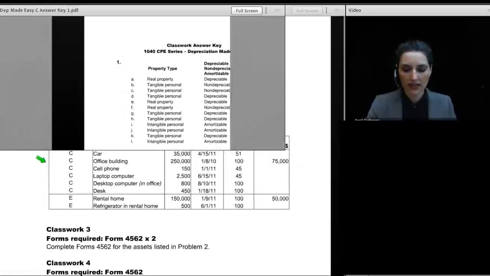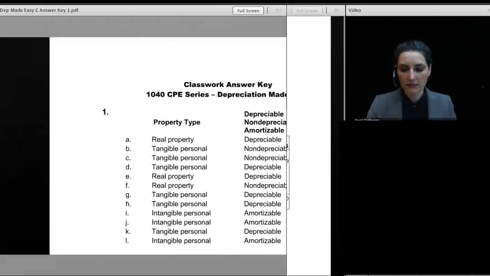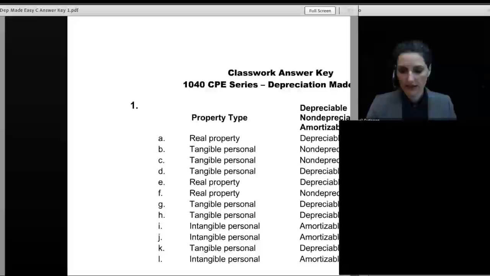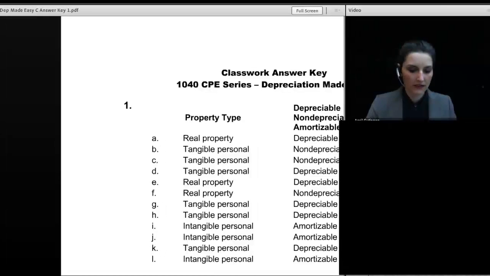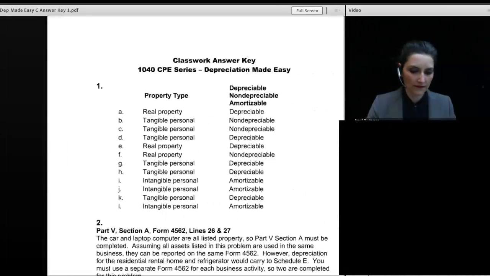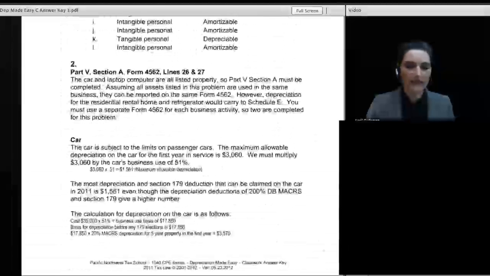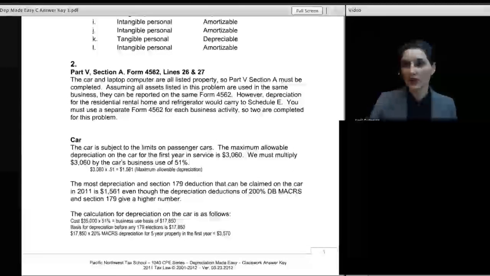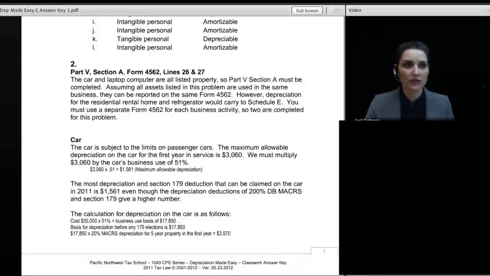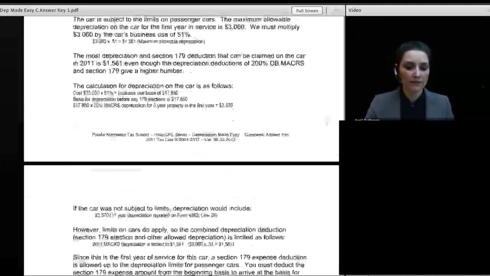This answer key that you're about to see can be printed in its entirety using the password that I gave you earlier. It contains all kinds of written analyses to describe the logic of what we've done, which I will allow you to read in your own time.